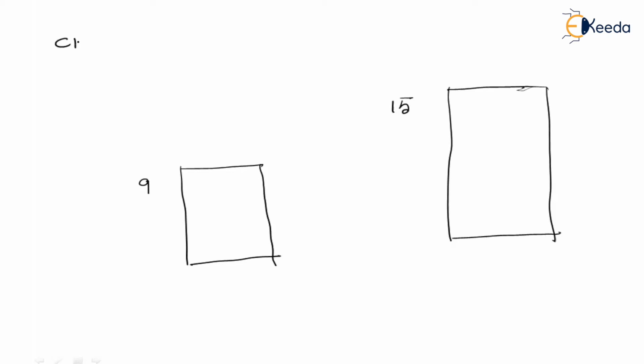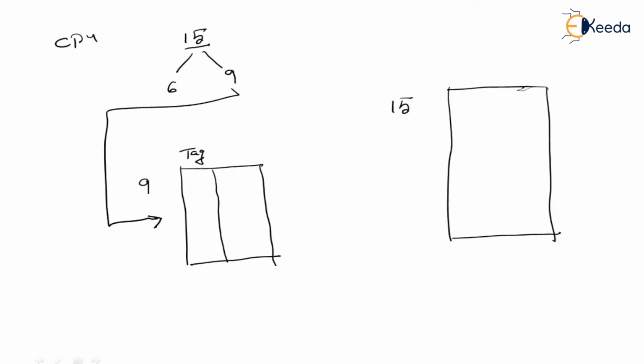When the CPU sends an address reference, this 15-digit address reference will be divided into a 9-bit index plus a 6-digit tag. First the 9-digit index will get located, then the 6-digit tag will get compared.